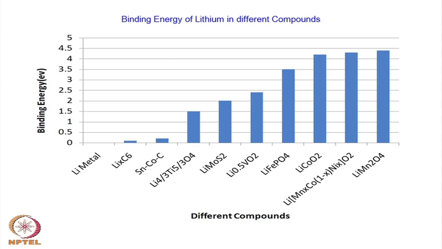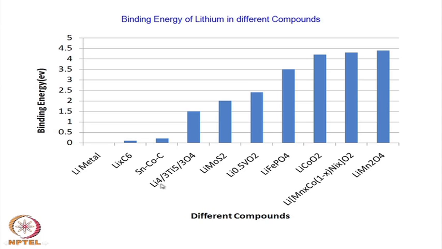So, in that context, these are the different compounds, some of them plotted over there, and lithium manganese oxide, the spinel variety, has the highest binding energy and also the highest potential. Lithium cobalt oxide is here. So, they are quite comparable. Lithium iron phosphate is slightly lower, the voltage is slightly low, and then you have here lithium titanium oxide.